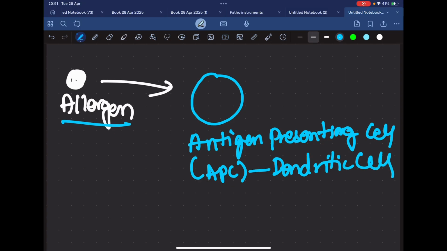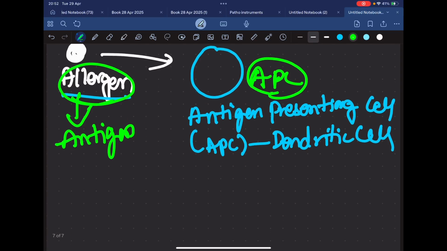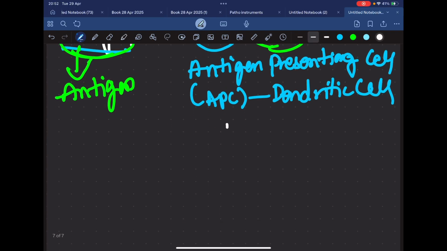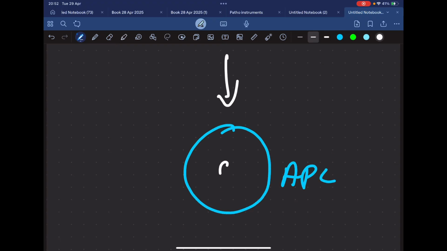The allergen is nothing but an antigen. Whenever the allergen enters, it comes in contact with the antigen presenting cell, APC. In the second step, the antigen presenting cell engulfs the allergen.